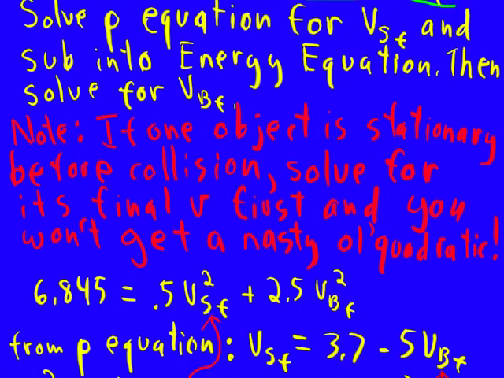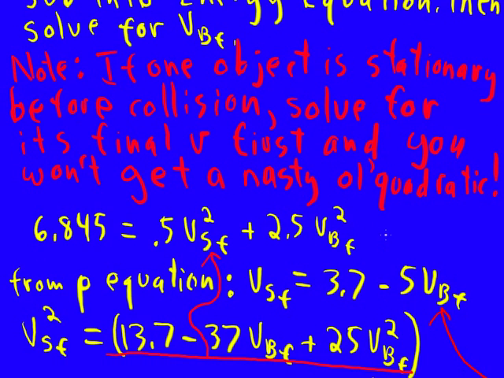Here are two equations. This is the kinetic energy equation from above, and I've taken the momentum equation and solved it for the steel ball's final velocity. Notice up here it's the square of the steel ball's velocity, so I'm going to square this out first.